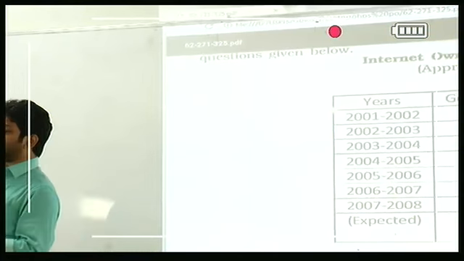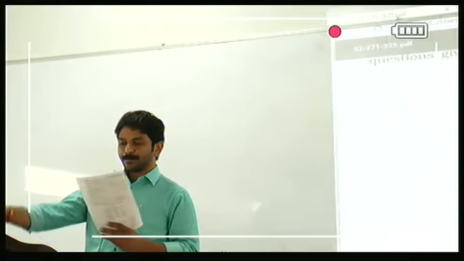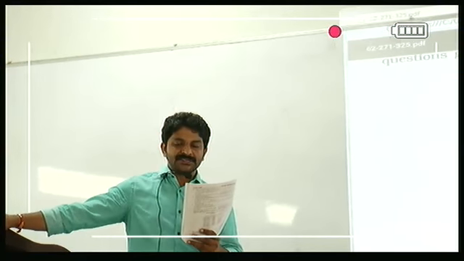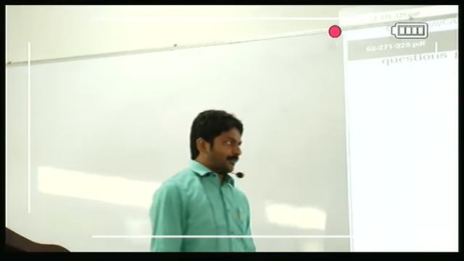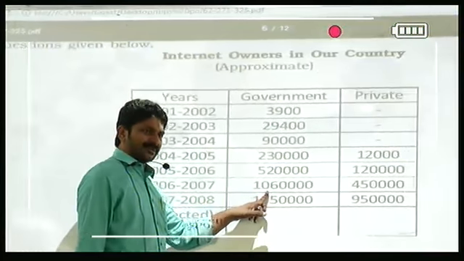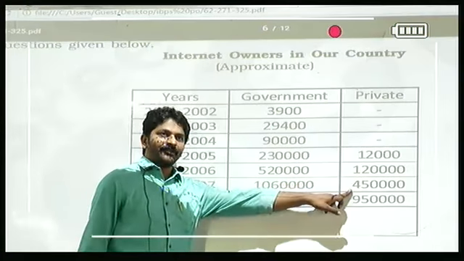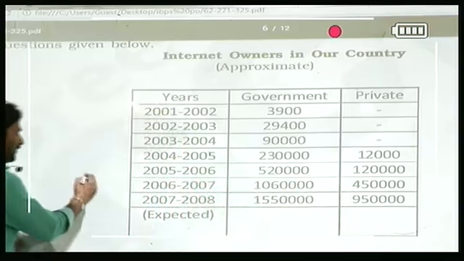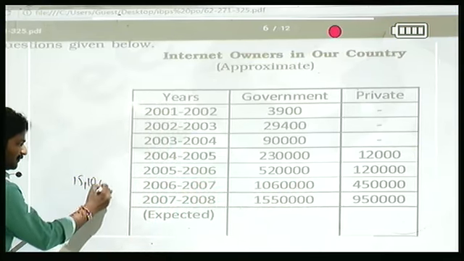What is the total number of fresh internet users expected in the year 2007 and 8? Fresh internet users means the difference only, right? Yes or no? In the previous year we have 10,60,000 and here we have 4,50,000. Total 15,10,000.